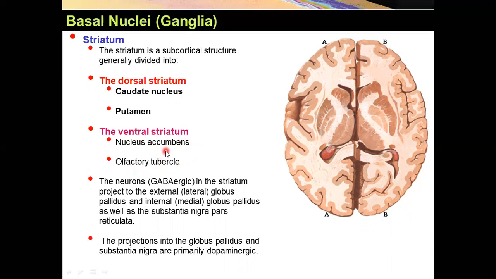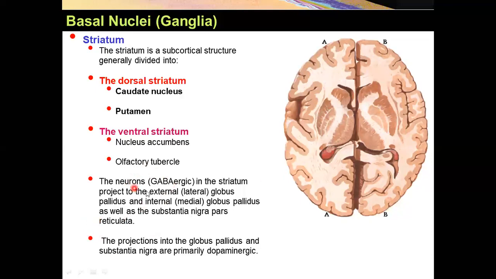So it is important to note that the neurons in the striatum project to the external or lateral globus pallidus here, and internal or medial globus pallidus, as well as the substantia nigra pars reticulata.